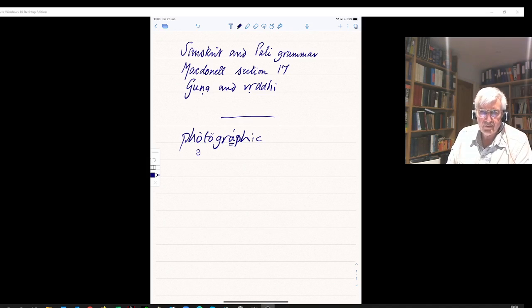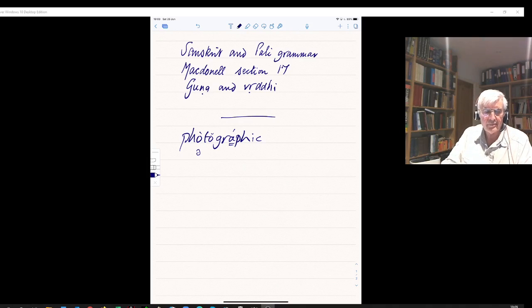Not the same thing, but a similar kind of thing happens in Sanskrit and Pali, and in Vedic it was dependent to a certain extent on stress and pitch, though for the purposes of our study we needn't bother too much about pitch at all, in high and low tones.